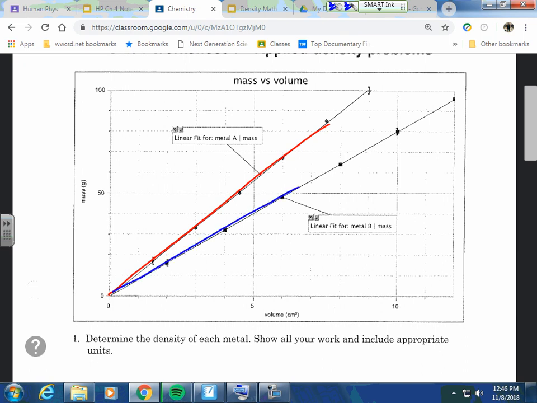Okay, so red is steeper, it means a higher slope. Which means in this case, when we're doing mass versus volume, higher density. So A is a higher density. Determine the density of each metal. How would we do that? Karen, any ideas? What would we do? How do we find slope?